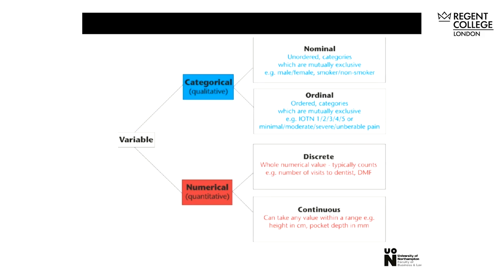Then in the quantitative numerical variable, we have two types: one is discrete, the other is continuous. That's quite easy to understand. The discrete data has whole numerical values and typically counts.